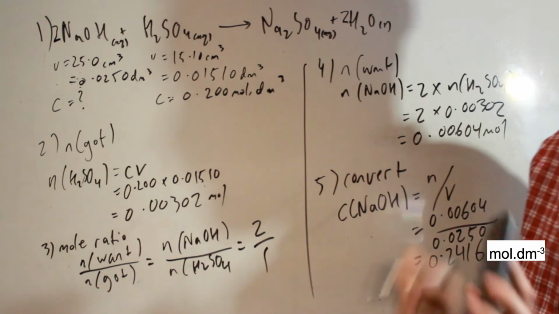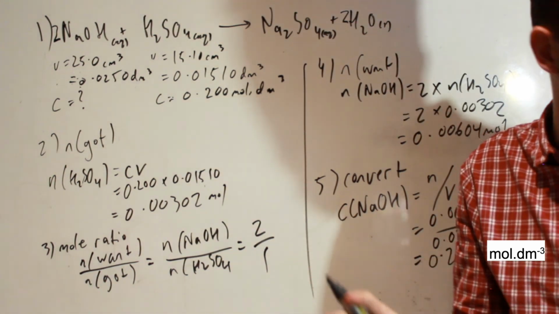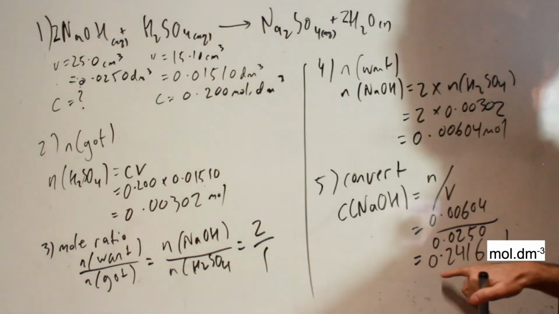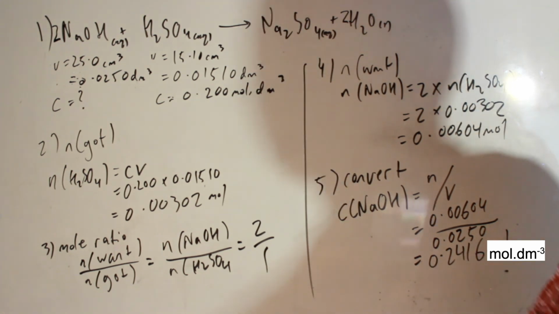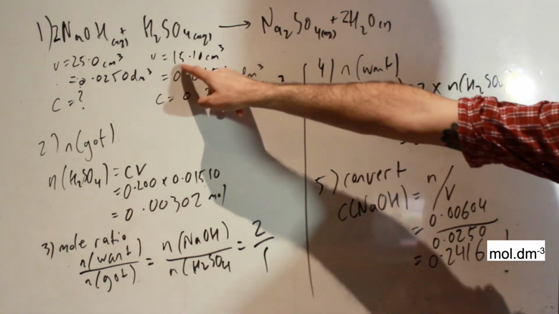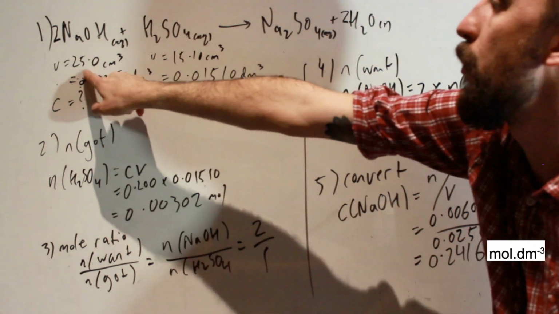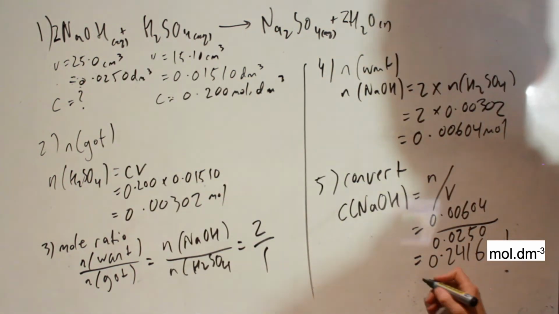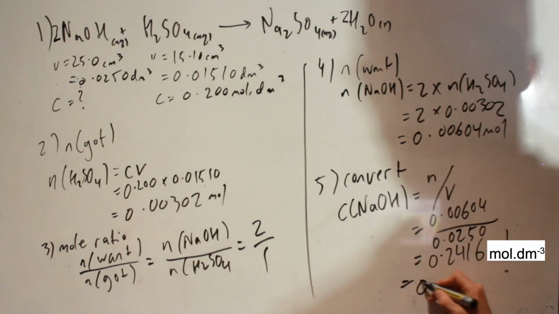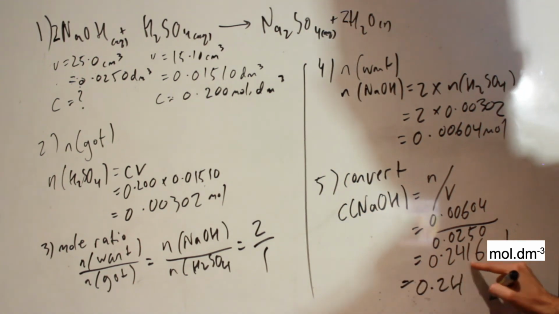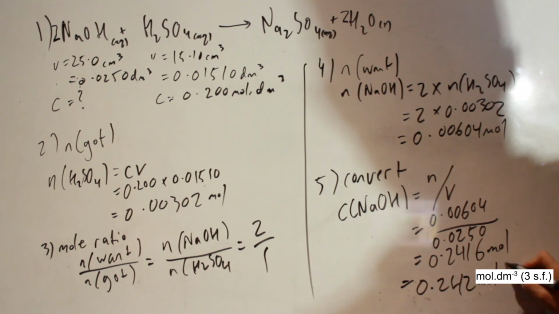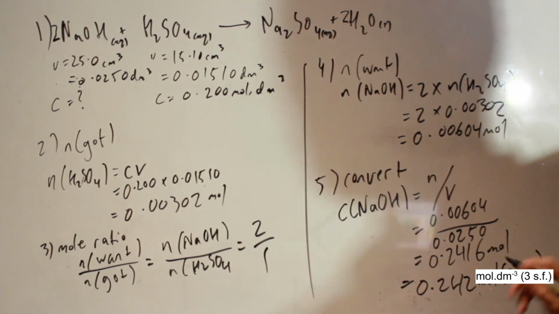They're all my decimal points on the calculation. We're nearly done. The last thing we've got to do is work out what significant figures we need. In our question, we are given 4 significant figures there, 3 significant figures there, and 3 significant figures there. So our answer is going to be 0.242, rounded to 3 significant figures.